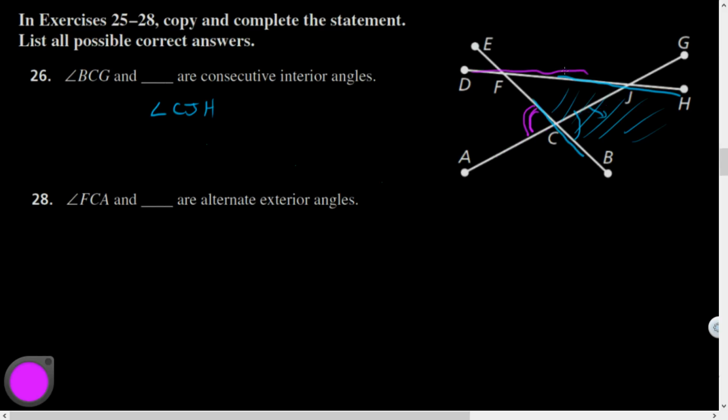It is the exterior of these two lines, however. And so the transversal is going to be AG again, and an alternate exterior would be which angle? GJH. Classic.